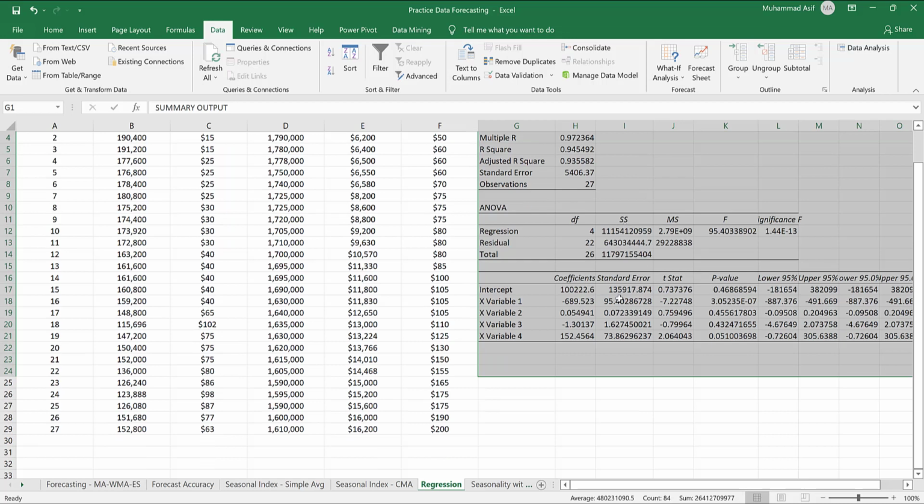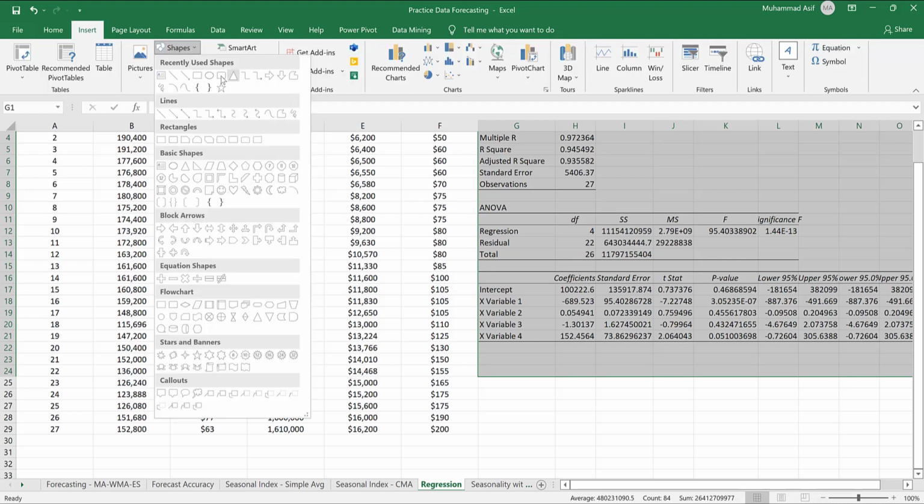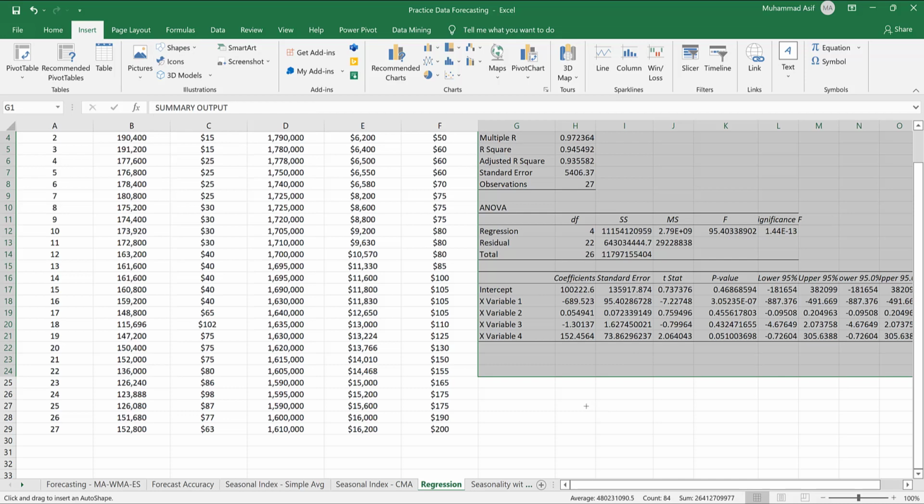Now the next thing is how to interpret that, or how to write an equation for this. That equation will be used for the next forecasting.